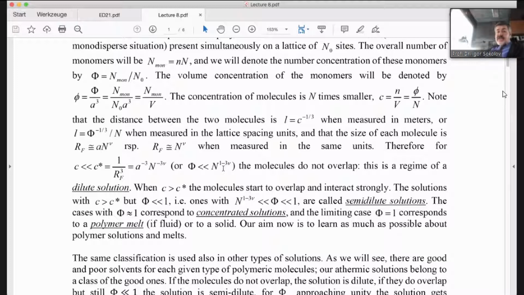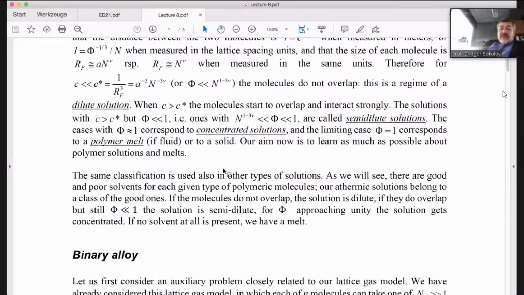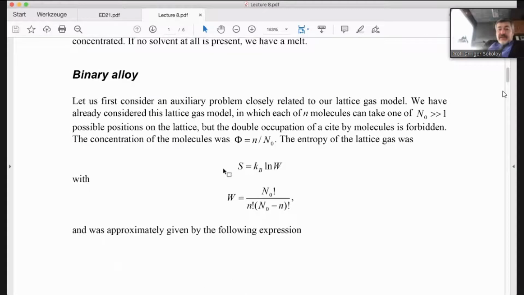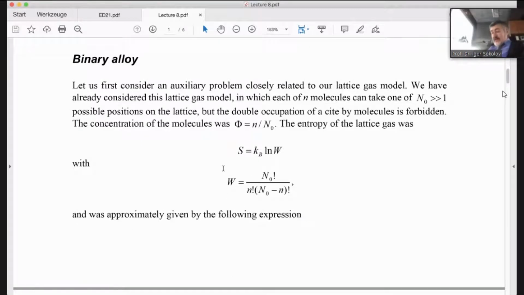So this is the classification. So I have now a system in which the concentration of chains is large, but the concentration of monomers might be large or small. Now, this is the terminology.